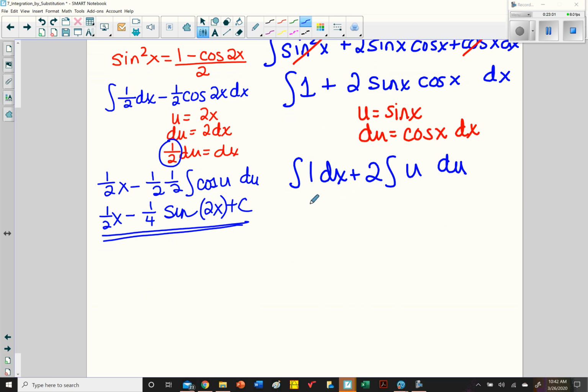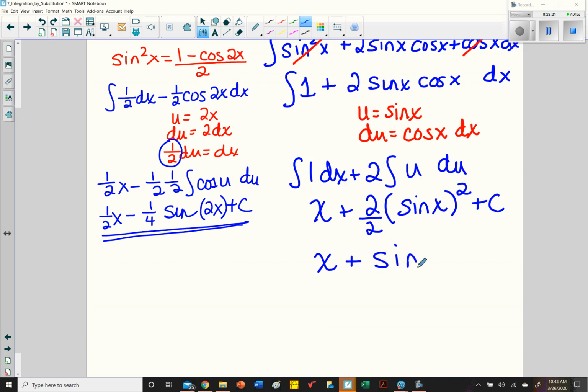So 1 dx is x, and for 2 u, we add 1 to the power, that's going to be u squared, and divide by 2, and u was sine, plus a constant, which gives us a final answer of x plus sine squared x plus c. So they're a little tricky, but if you're careful, you can handle this.